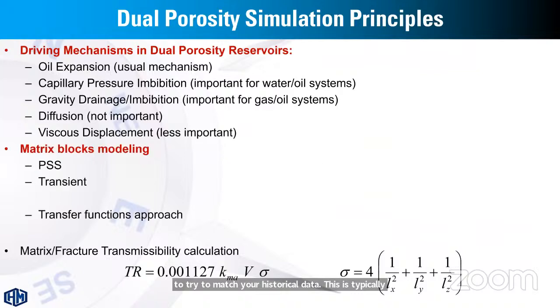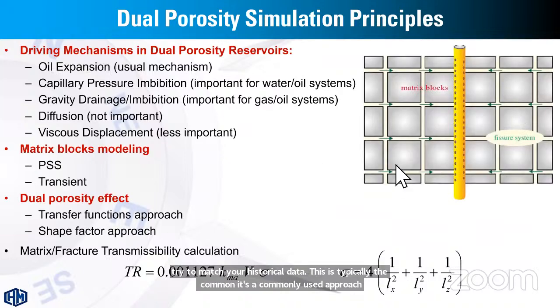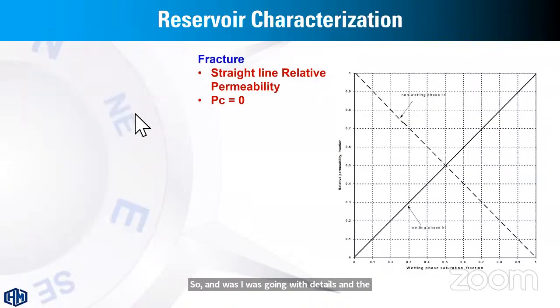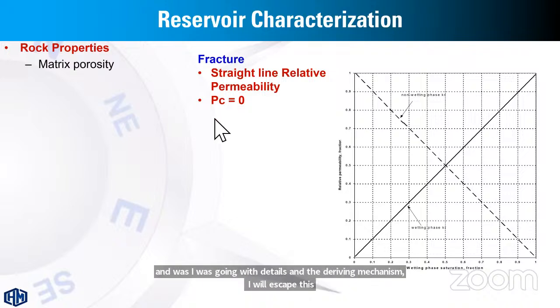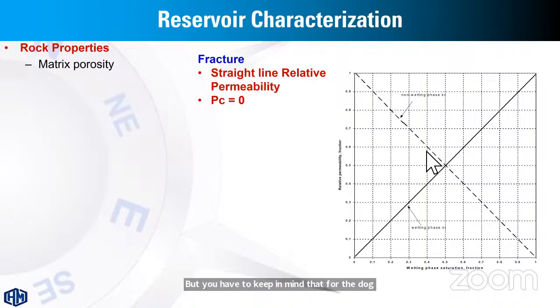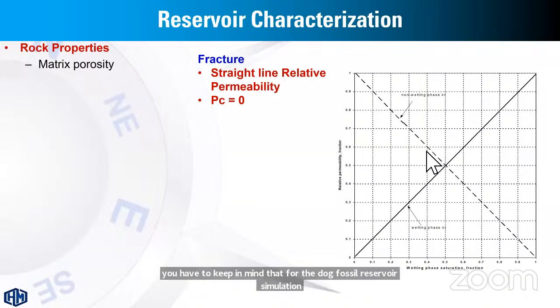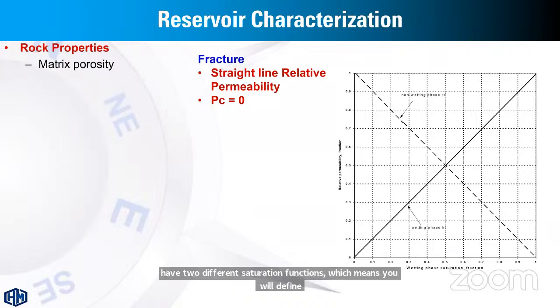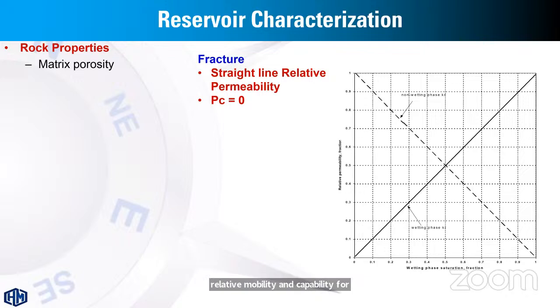Without going through the driving mechanism in detail, I will skip this. But keep in mind, for dual porosity reservoir simulation we have two different saturation functions, which means you will define separate relative permeability and capillary pressure for the matrix blocks, and another relative permeability and capillary pressure for the fracture network.